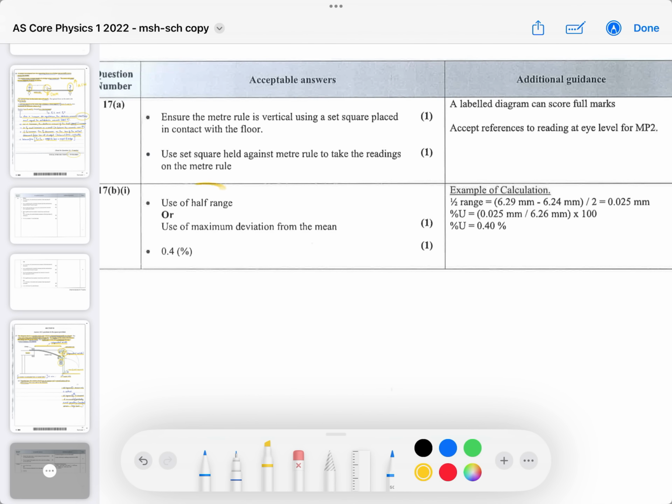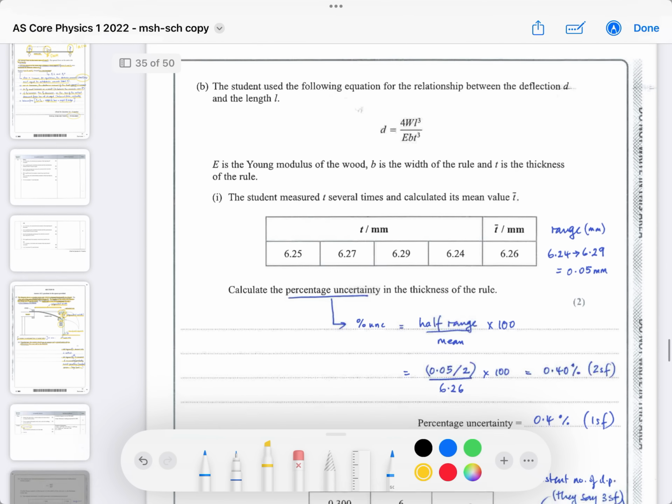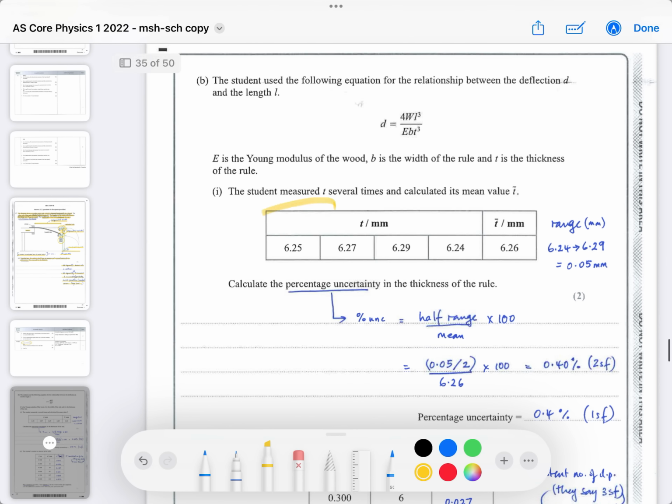17b is looking at range of data. So remember, uncertainty is half of the range of data if you've got multiple readings. Here they got multiple readings, 4 readings of whatever t is, and the average is given to you. And the range is from 6.24 to 6.29.